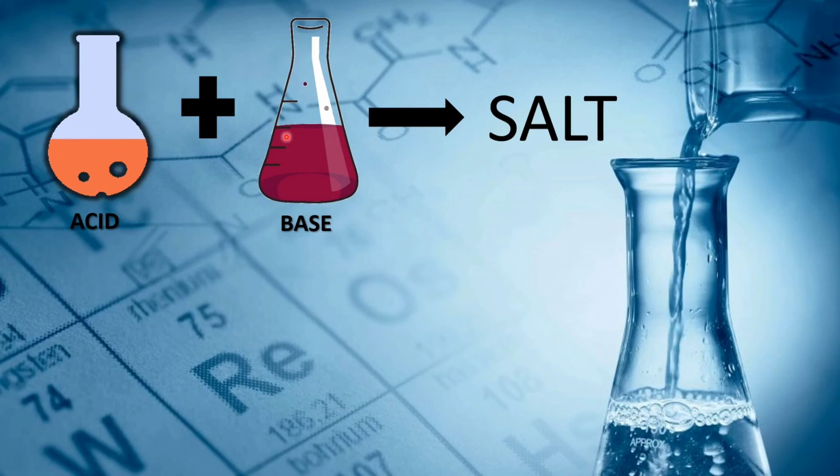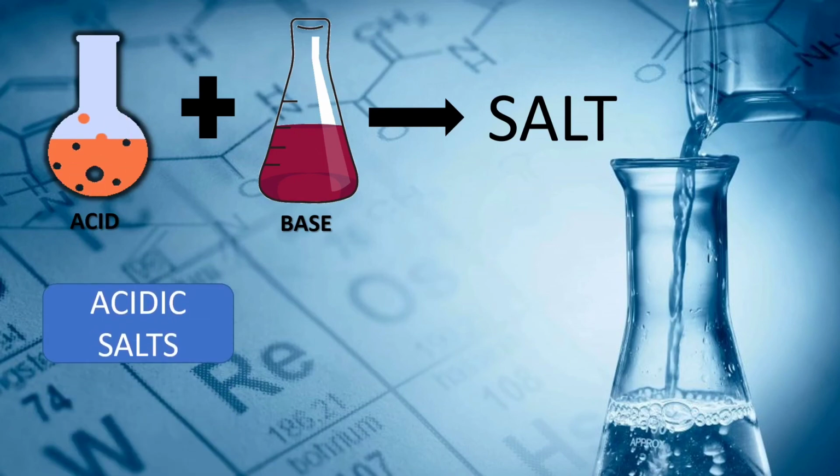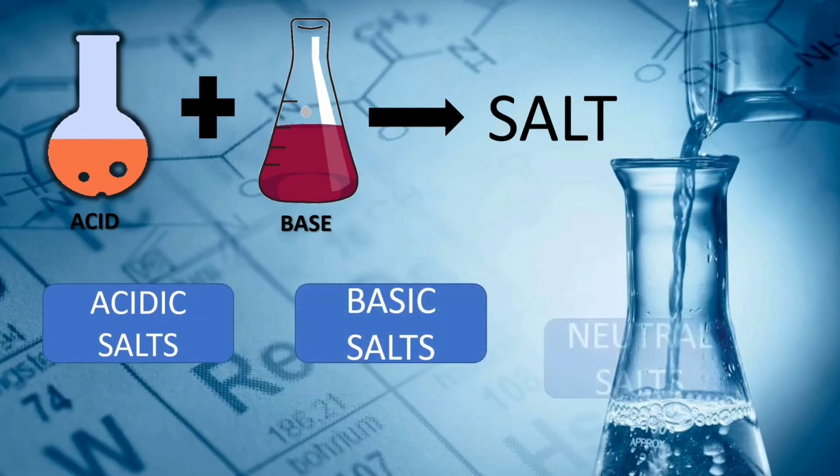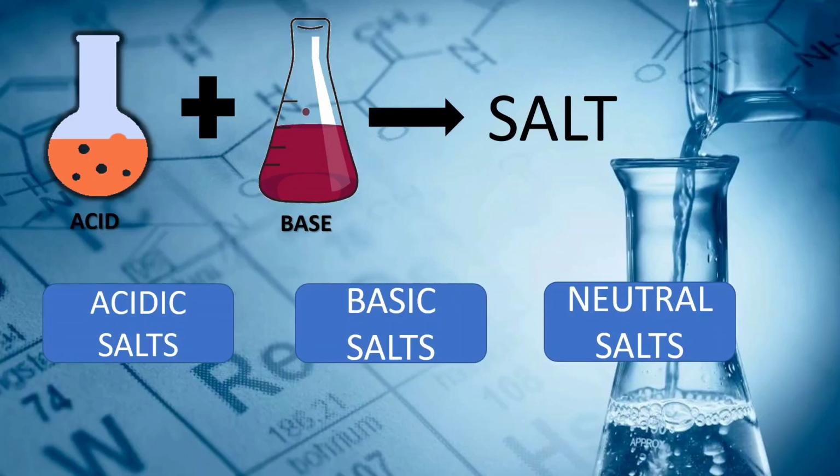So we have three types of salt depending on the strength of acid and base. First is acidic salt, then basic salt, and then neutral salt. Now how they are different from each other, let us see that.